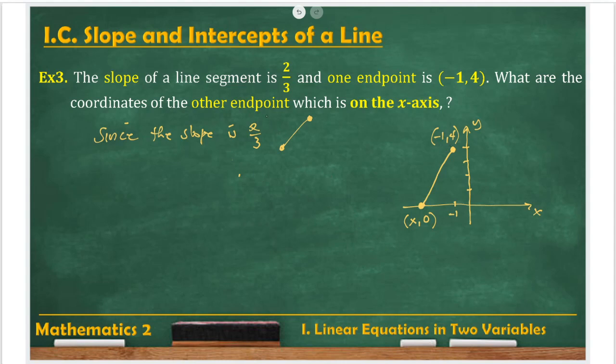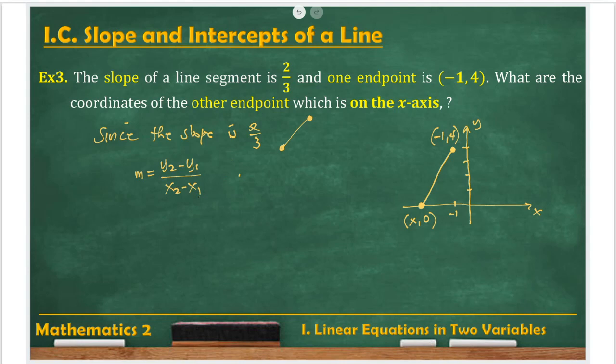Now, since we are given the slope, aside from visually looking at the graph, you can also use the slope formula here. Again, the slope formula is y sub 2 minus y sub 1 all over x sub 2 minus x sub 1. That's the value of the slope m.